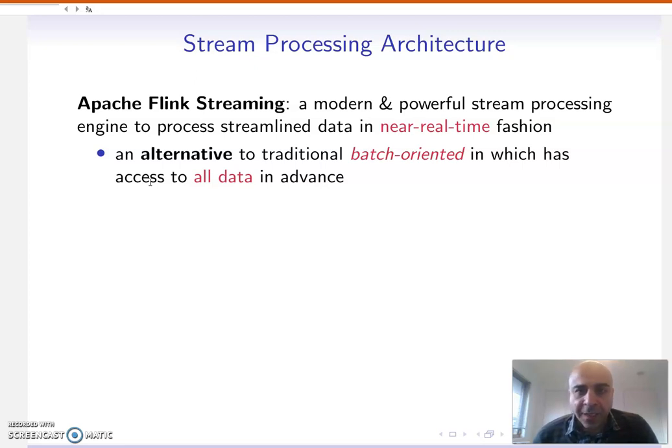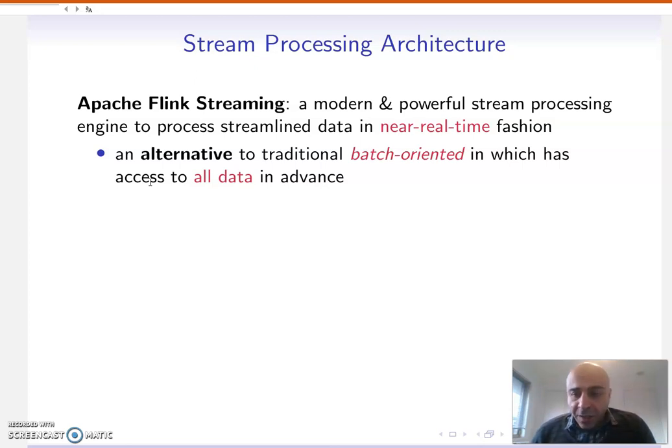Apache Flink is a modern and very powerful stream processing engine that can process continuous data, which we call stream processing, in a near real-time fashion. So developers can submit queries or functions that continuously process over data that comes to the system.